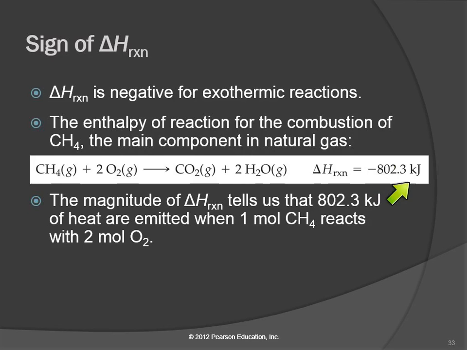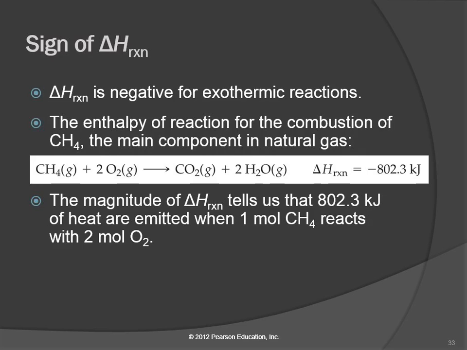So this is telling us how much energy is given off. So 802.3 kilojoules are given off for 1 mole of methane that's burned. So the number here relates to molar amounts in this chemical equation. So 802.3 kilojoules given off for every 1 mole of this, for every 2 moles of that, for 1 mole of this produced, for 2 moles of that produced.